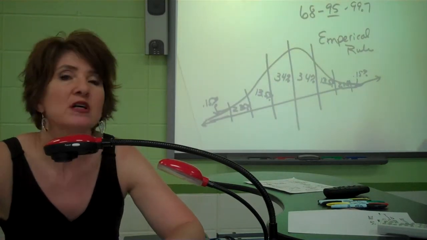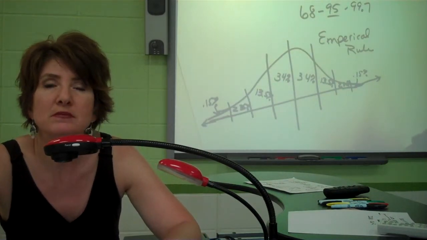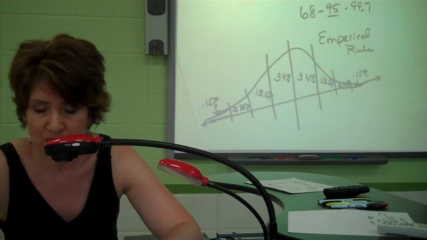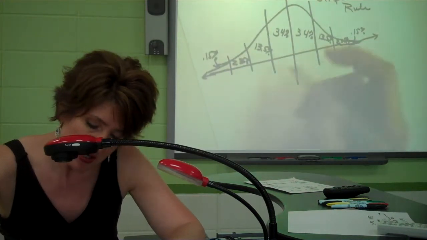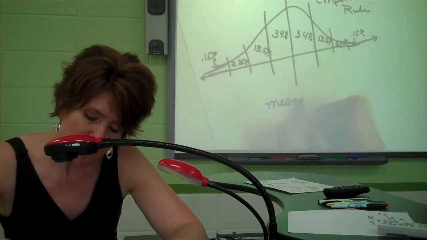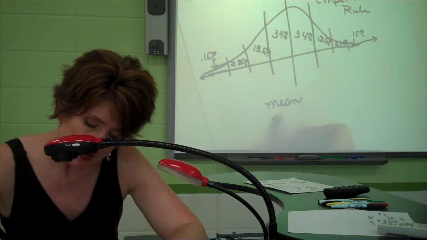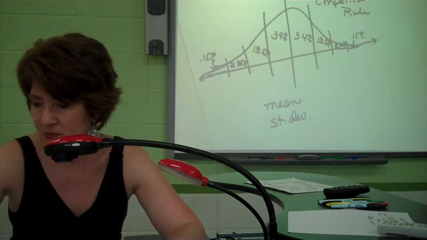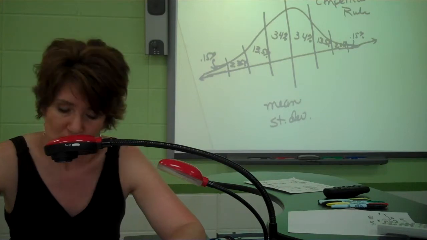So if we look at how we're going to note this, I haven't talked about this yet. We're going to look at the mean, we're going to look at the standard deviation, and we're going to look at our notation for that.